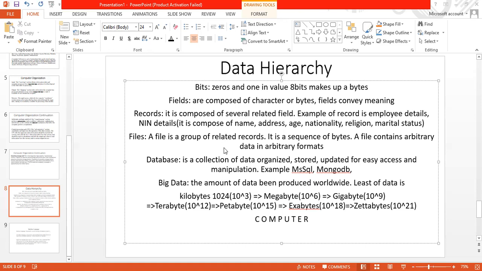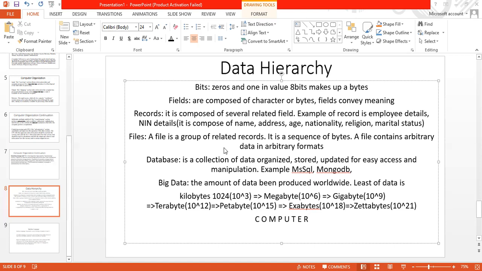The group of their records is known as a file. In each record, we have their name, their age, their nationality, and so forth. So it's giving us their details. That means a file is a group of related records.